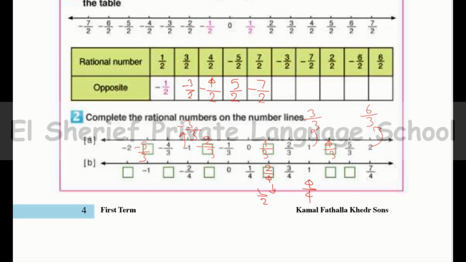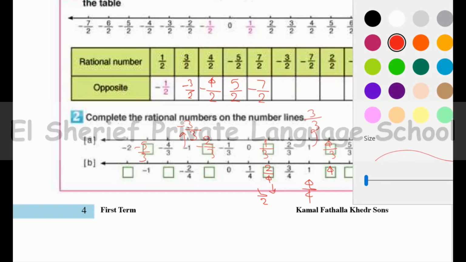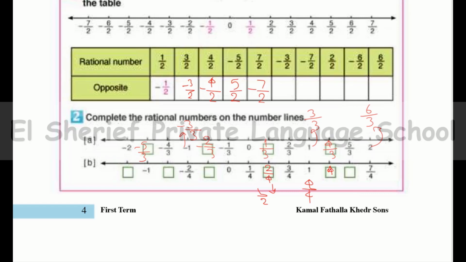After 4 over 4, the next number will be 5 over 4. After that 6 over 4, and I can write it in the simplest form.